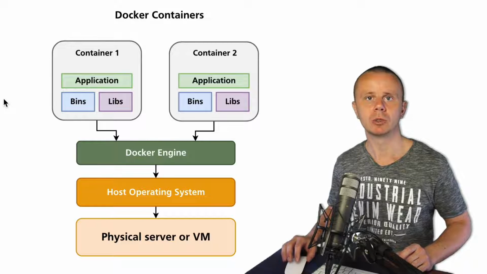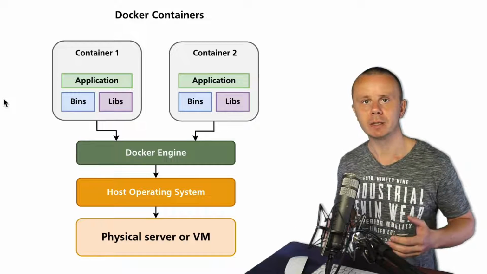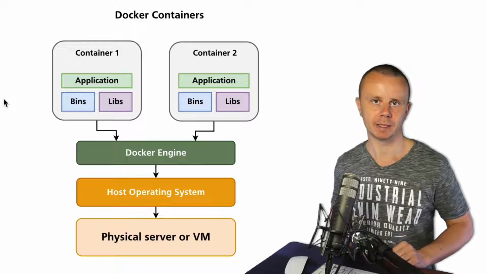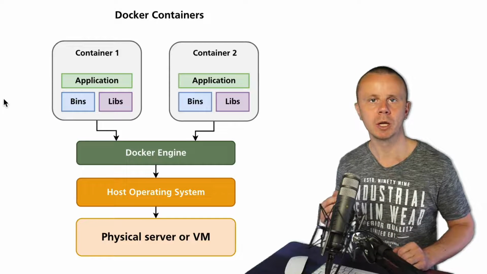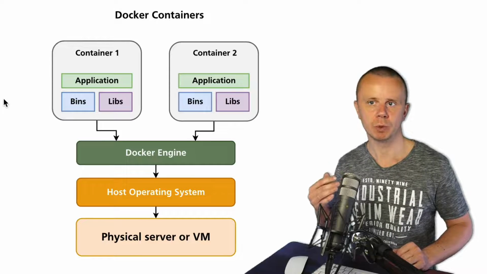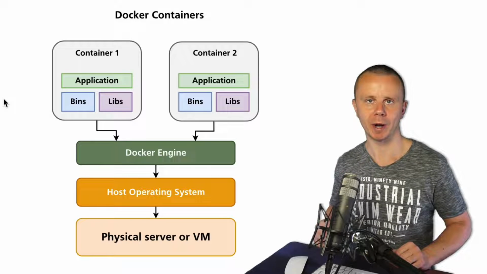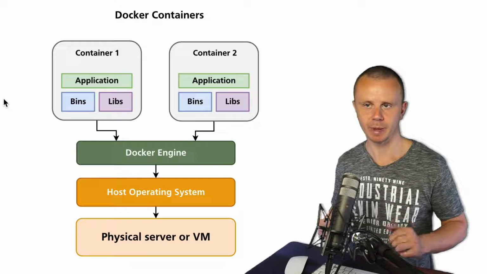And of course, out of this fact comes the conclusion that containers somehow need to use underlying operating system. And that is the responsibility of Docker engine to perform such communication between containers and underlying operating system, host operating system. That's how containers are structured basically.